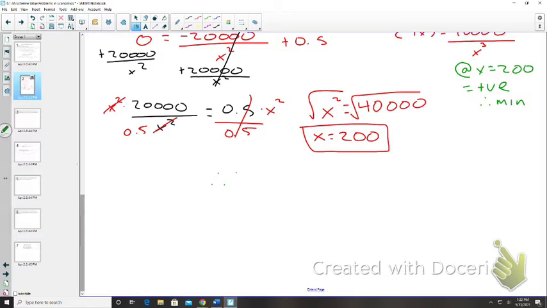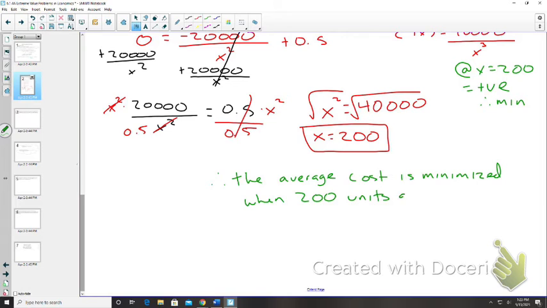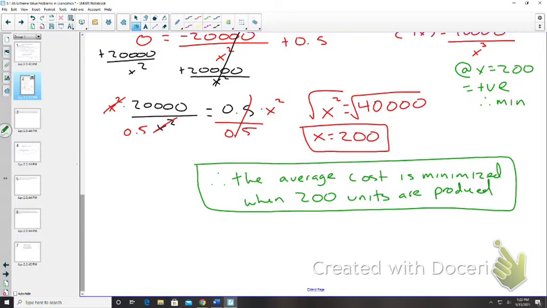Therefore, the average cost is minimized when 200 units are produced. Okay, so that is the cost function.